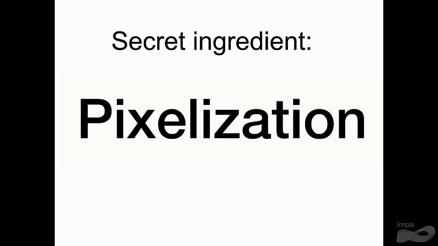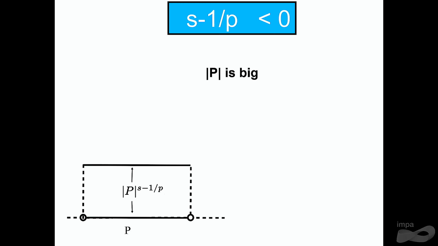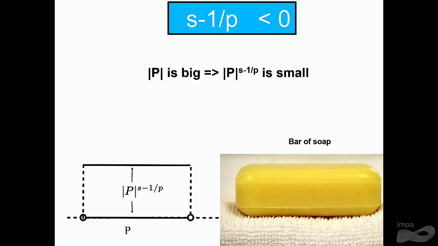Yes, it turns out that you need to choose the parameters in such a way that this number is negative. That means that if the element of the grid is very big, then the height is very small, because the measure of P is very large. So it's like a bar of soap: the height is very small, but it is very fat.